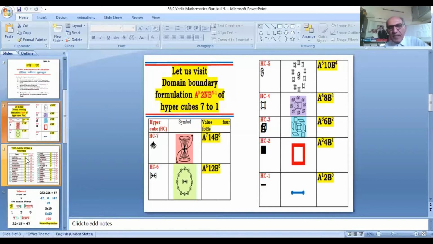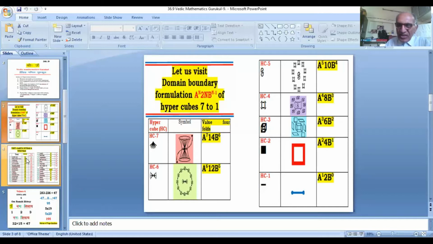A step ahead, hypercube 2 is a square. It is a setup of a surface area within boundary lines. Quadruple boundary lines envelop, contain, restrain, restrict, and confine this surface. This surface as domain is of expression of an area of algebraic expression a raised to power 2.